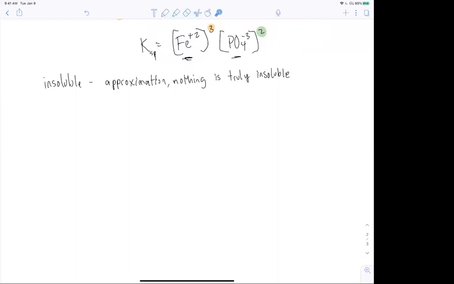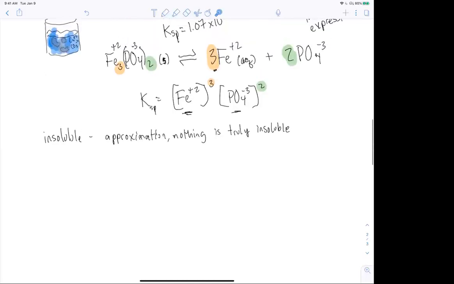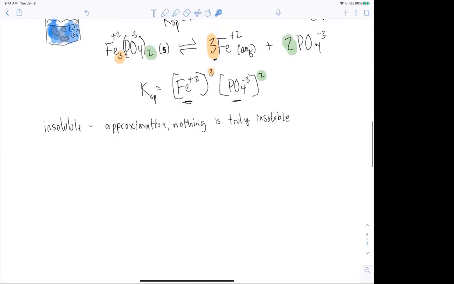Step one for this is that we must... Yeah, so we can use Ksp to solve problems where, let's say, you take a certain amount of something and put it in a solution, like a certain amount of iron phosphate, and you want to know exactly how much of it dissolved.